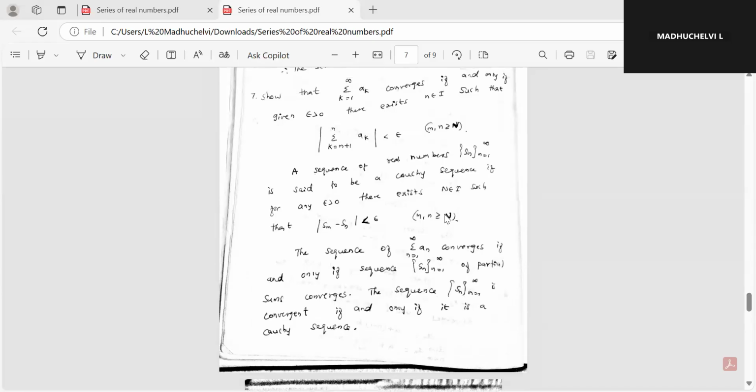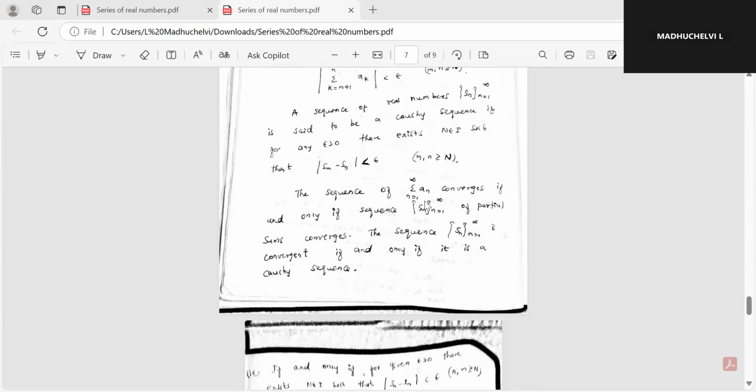If it is a Cauchy sequence only, we can get summation k equals m plus 1 of a_k less than epsilon. That is, if and only if for the given epsilon greater than 0, there exists N belonging to I such that modulus of S_n minus S_m is less than epsilon for all n, m greater than or equal to N, if and only if, what is that?